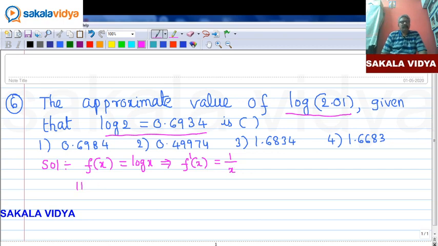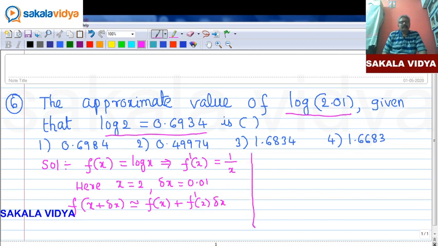Now here, because the log 2 value is given, take x is equal to 2 and the increment will be delta x, error is 0.01. Now we need to recall the f of x plus delta x formula. F of x plus delta x formula is f of x plus f dash x into delta x.